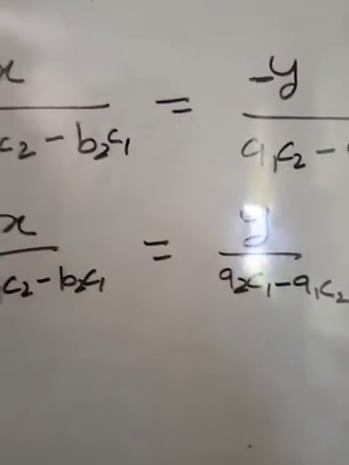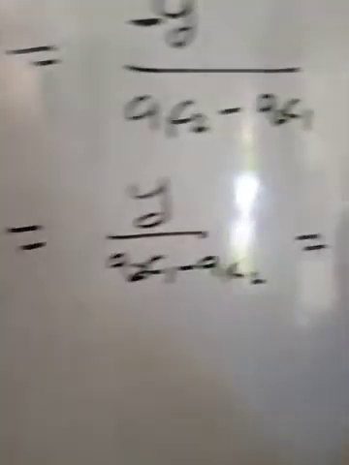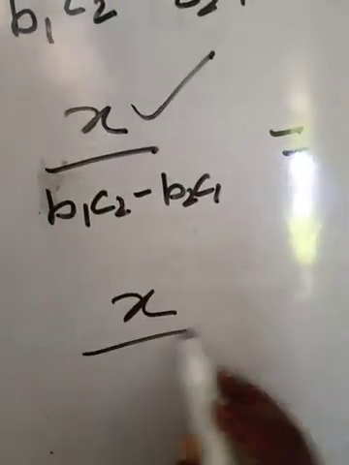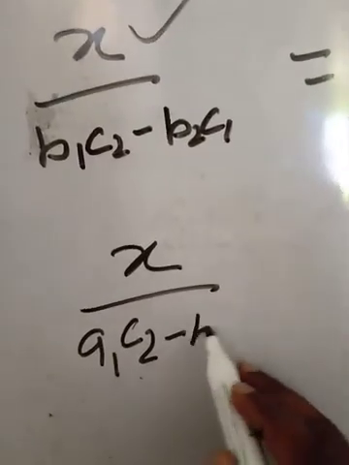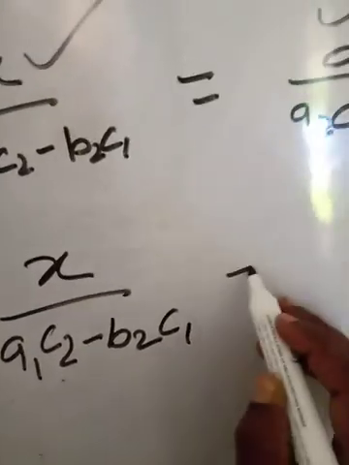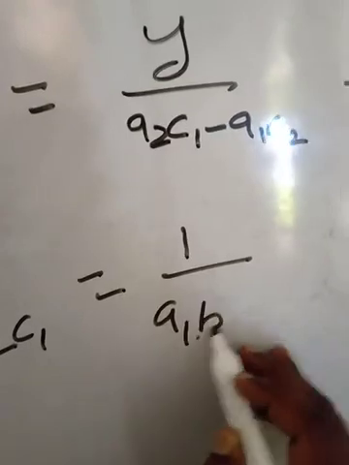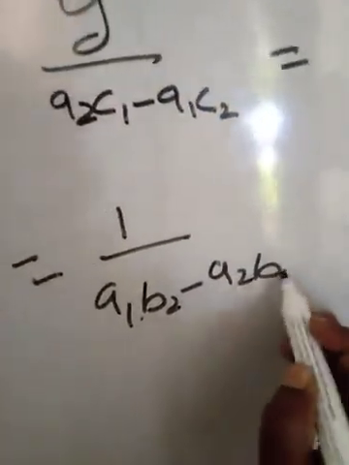Now again, you have to consider the first and third. So you will see x by b1 c2 minus b2 c1 is equal to 1 by a1 b2 minus a2 b1.